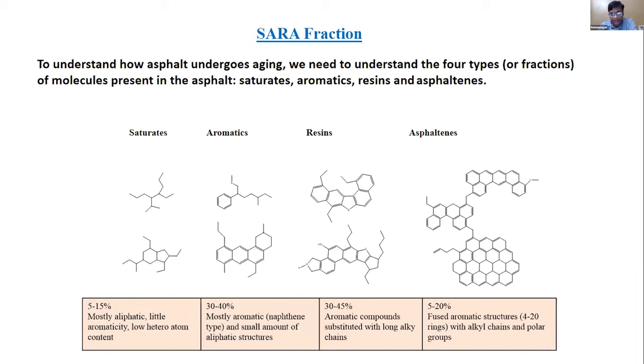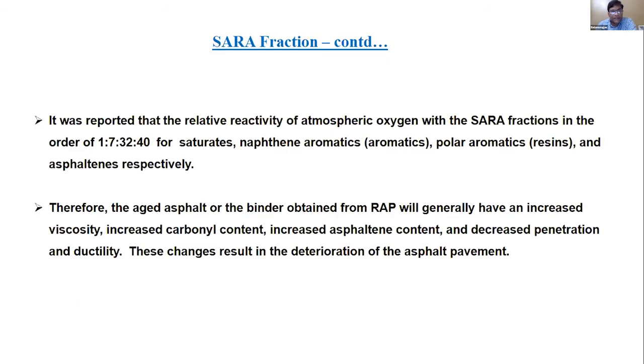First is saturates, then going from left to right it is aliphatic, then aromatic, and increasingly it becomes high molecular weight. People studied the relative reactivity of atmospheric oxygen with the different fractions, and going from left to right, the reactivity of these molecules to oxygen increases.